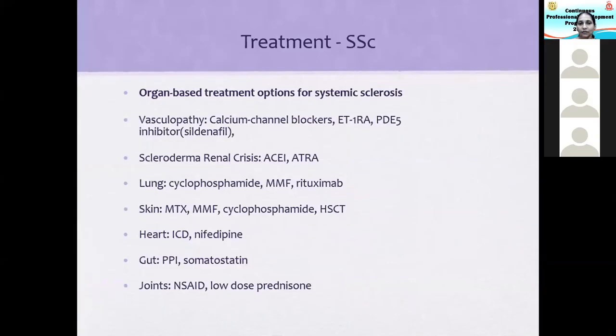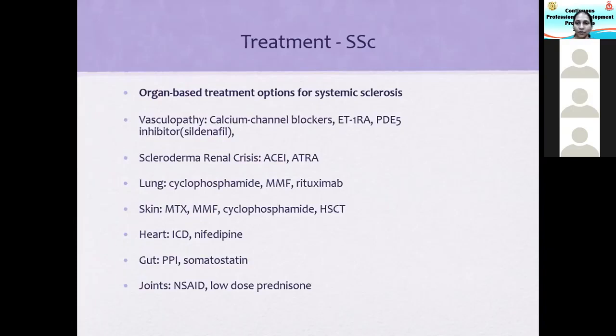For vasculopathy, we would be using calcium channel blockers, endothelin receptor antagonists, and phosphodiesterase 5 inhibitors like sildenafil. The same can be used for pulmonary hypertension. For scleroderma renal crisis, it's mainly ACE inhibitors and angiotensin receptor antagonists. More potent immunosuppression would be used for lung, skin, and advanced disease, like cyclophosphamide, mycophenolate mofetil, and biological agents like rituximab has also been used.